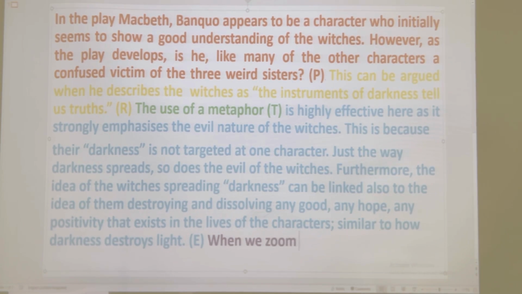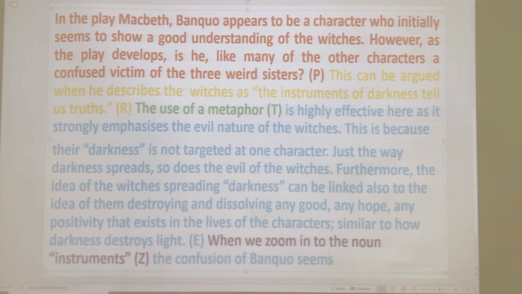We zoom in to the noun instruments. Banquo's understanding seems to come through even more.